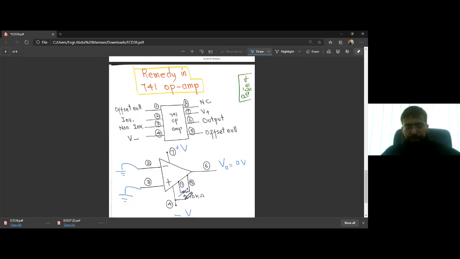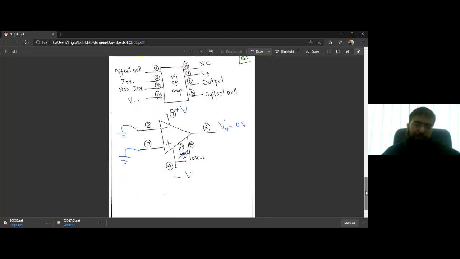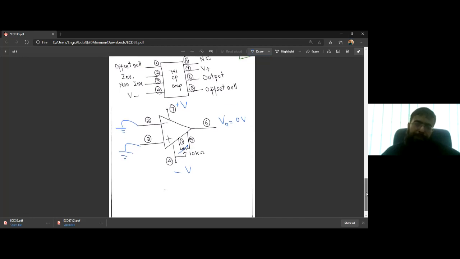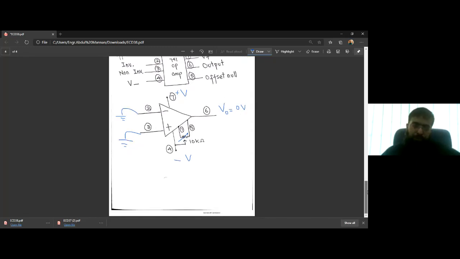Actually this takes care of the mismatch in the transistors that are implemented within this 741 op-amp. So that's great. If we use this 10k resistor, we can apply an input offset voltage to bring Vout equal to 0 volts when both inputs are 0.